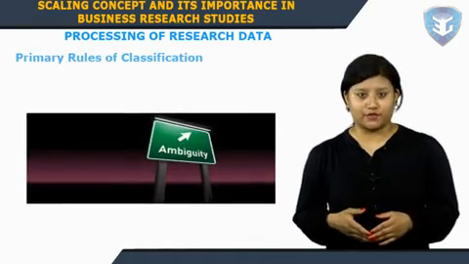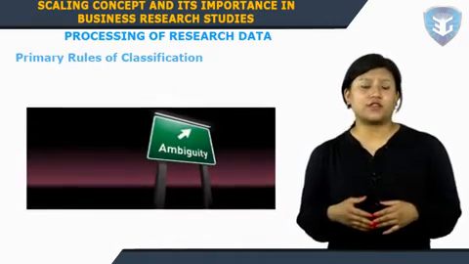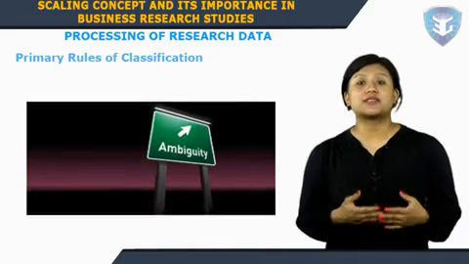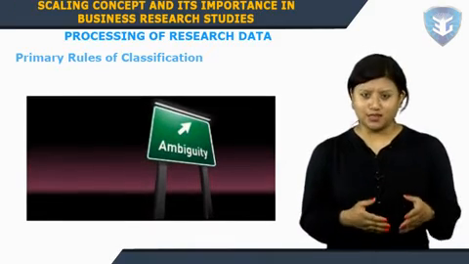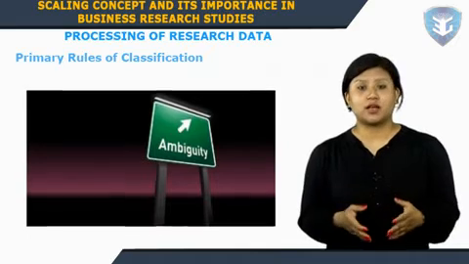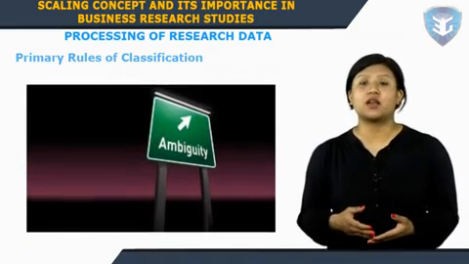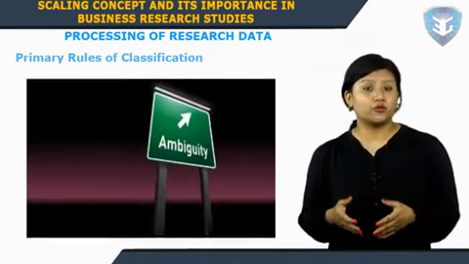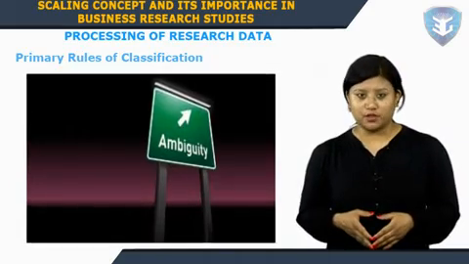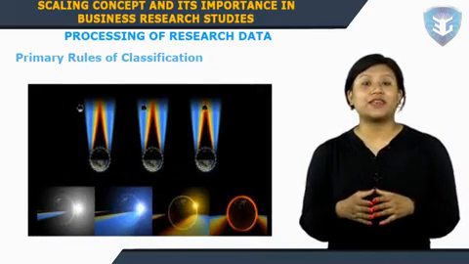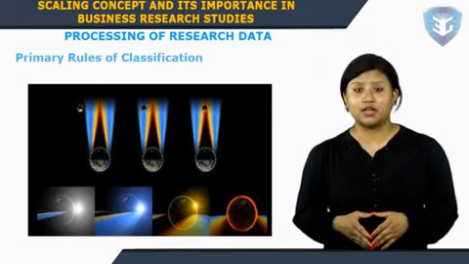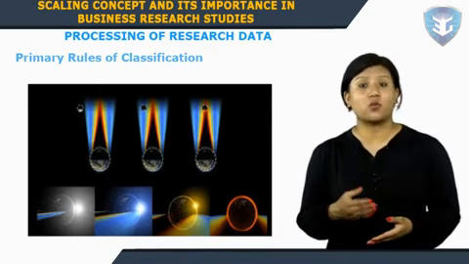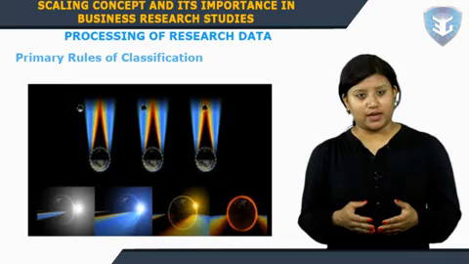Primary rules of classification. In quantitative classification, we classify data by assigning arbitrary limits called class limits. The group between any two class limits is termed a class or class interval. The primary rules of classification are given below. There should not be any ambiguity in the definition of classes. It will eliminate all doubts while including a particular item in a class.